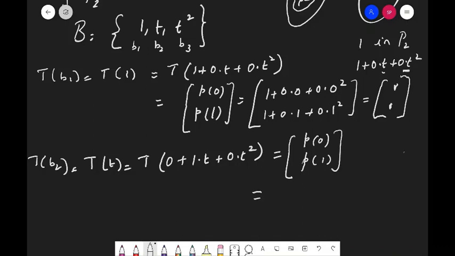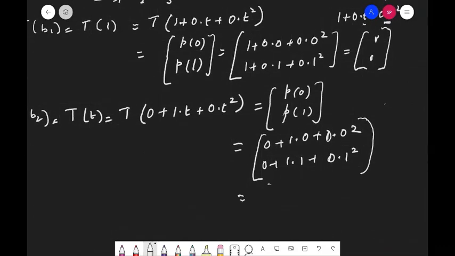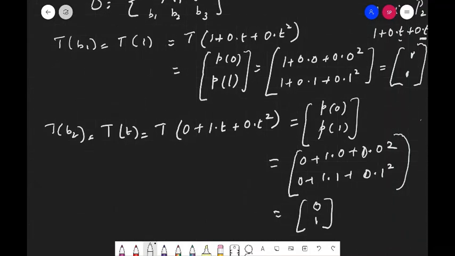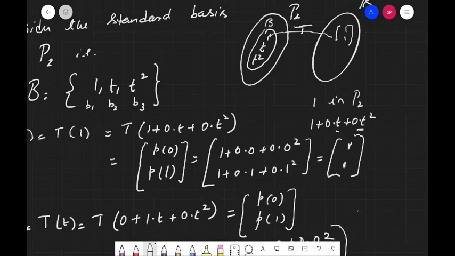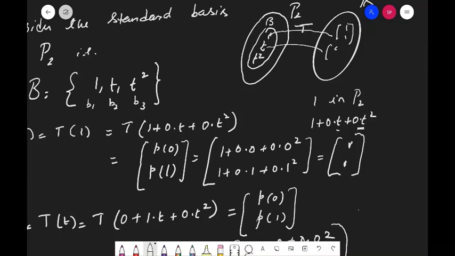What do you mean by p of 0? Wherever t is there, write 0. So 0 plus 1 into 0 plus 0 into 0 square. And p of 1 is wherever t is there, put 1: 0 plus 1 into 1 plus 0 into 1 square. So this will be equal to (0, 1). T of B2, that is T of t, is (0, 1).